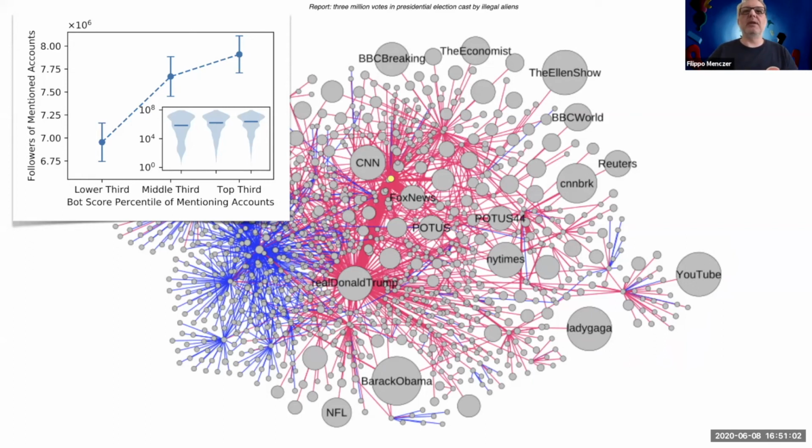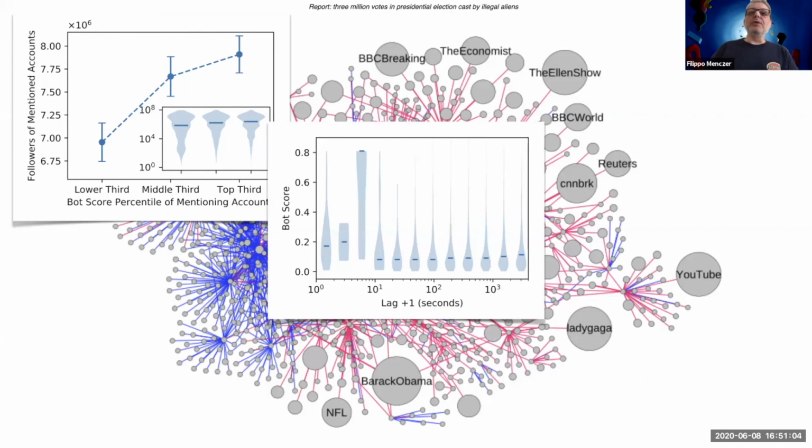We also found that the activity of the bots, when we traced it back in time, could really be noticed in the first few seconds after a fake news article was posted. In the first 10 seconds, you could really see the role of social bots. After that, as more humans started retweeting those articles, it was hard to see that bots were ever there, because they get flooded in a sea of human retweets.